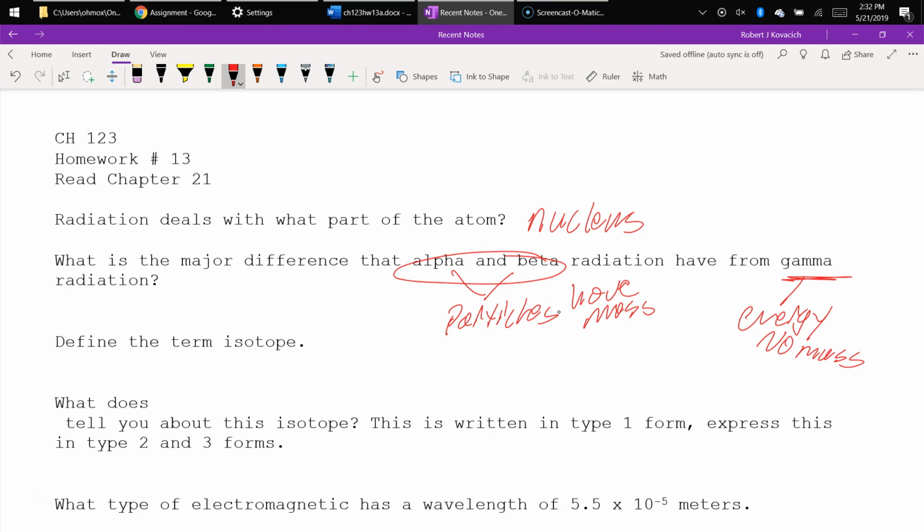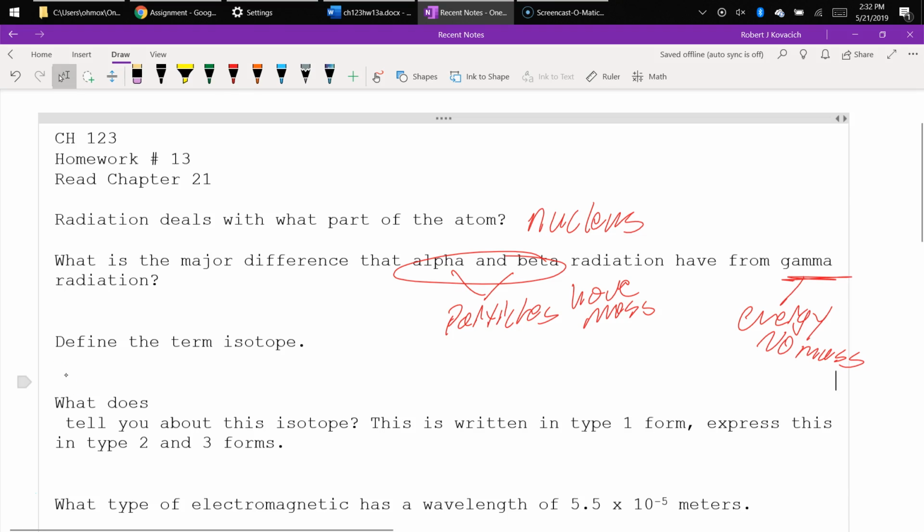Okay, isotope. Okay, how about, that's fine.